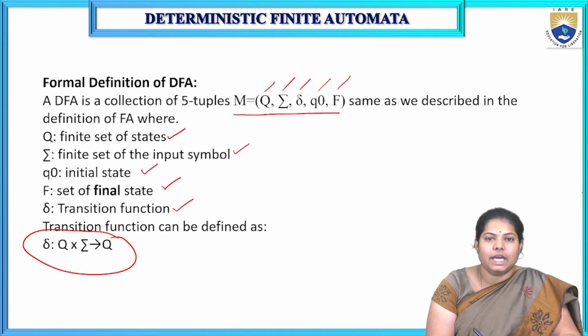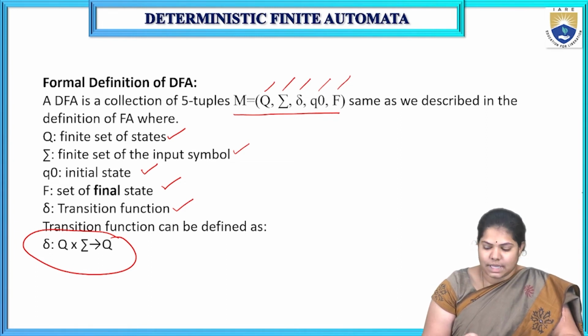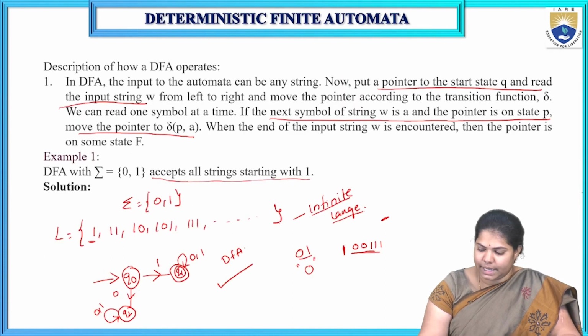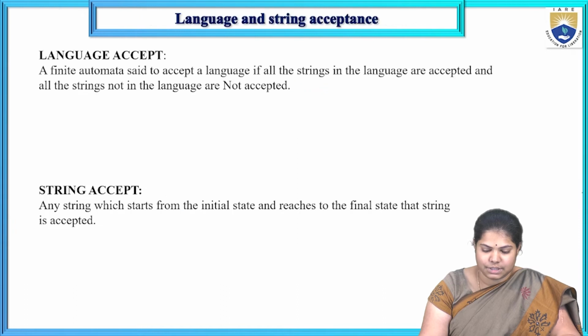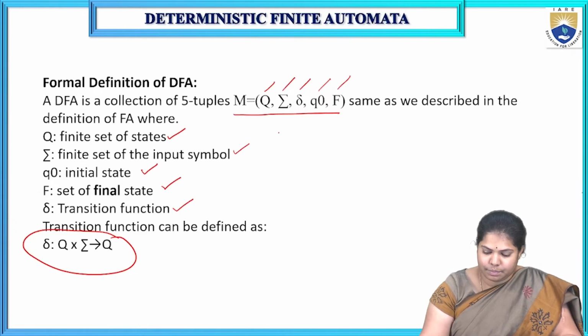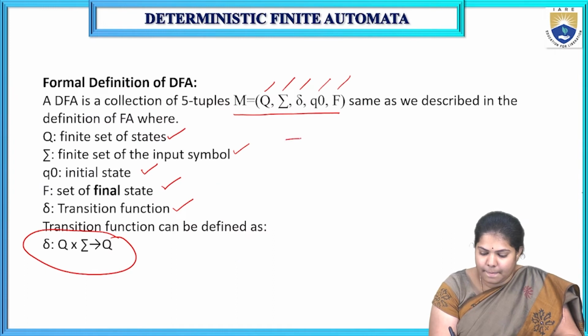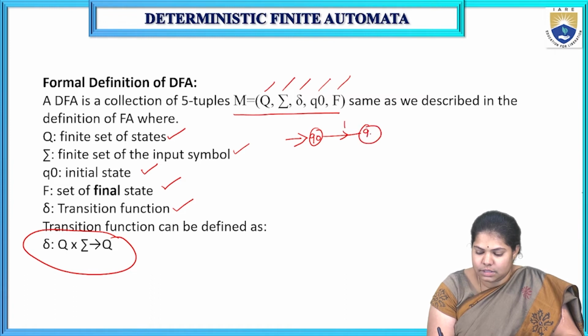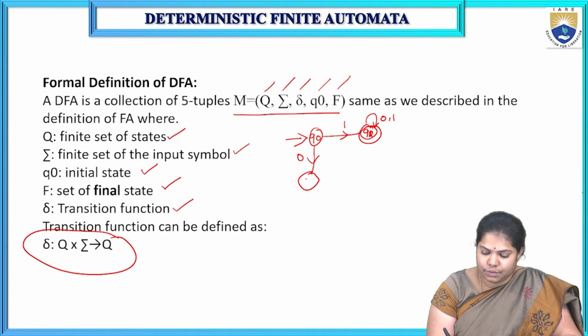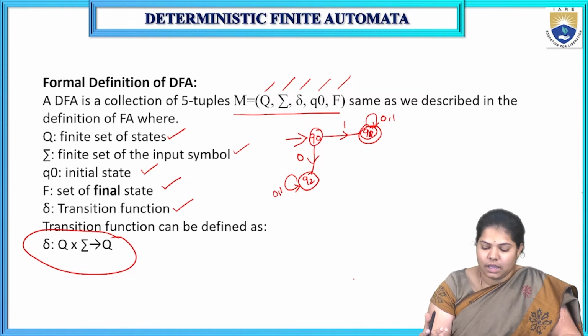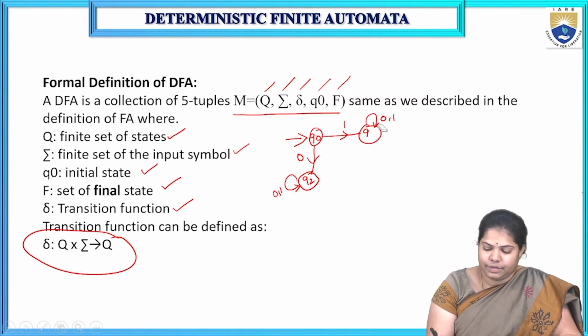In the DFA, delta is equal to Q cross sigma tends to Q. For example, for the same previously drawn diagram, let us draw the transition functions. Q naught on 1 reaches Q1, the final state. If I say 0, I have to go to the dead state. Yes, so this is your transition diagram from the previous slide.